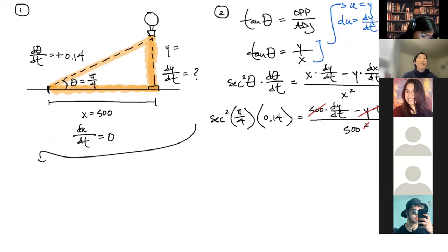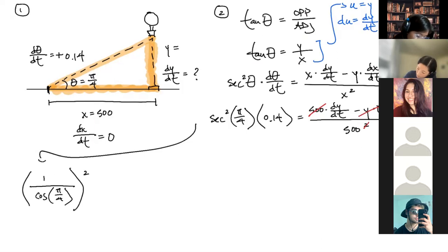So this 1 over cosine notation is going to be way more valuable for us. So we can write this as 1 over cosine of pi over 4 squared times the 0.14 equals dy dt all over 500.